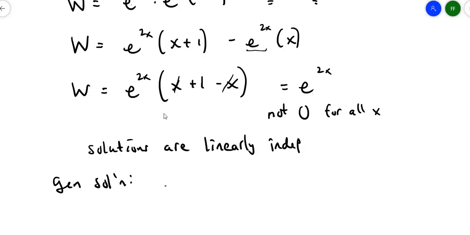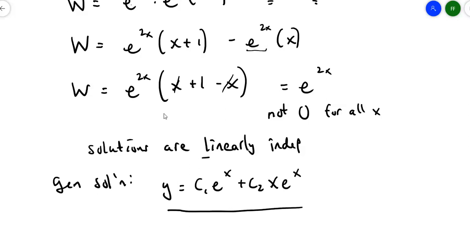I can write the general solution as y equals c sub 1 e to the x plus c sub 2 x e to the x. So that's what the Wronskian is. It tells me that those two solutions are linearly independent or linearly dependent, and then that allows me to write my answer in certain ways. That's the end of this. Actually, this is the end of chapter 4.